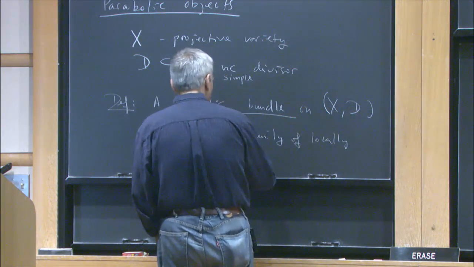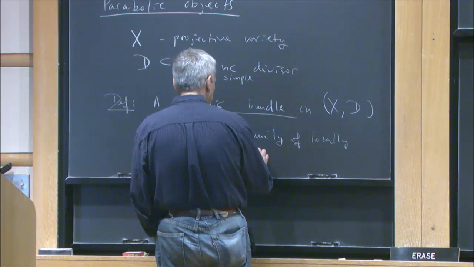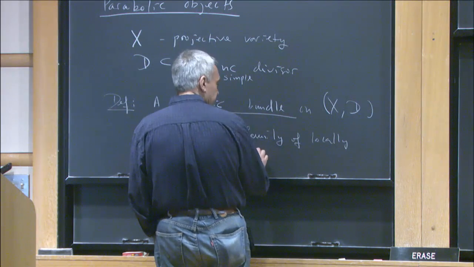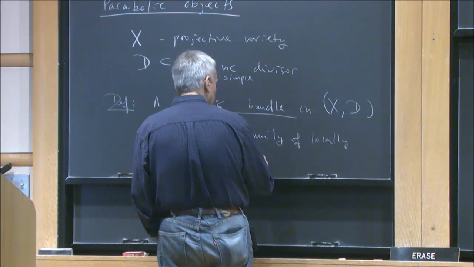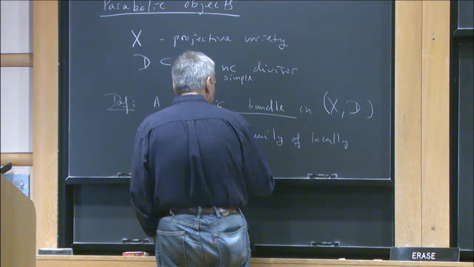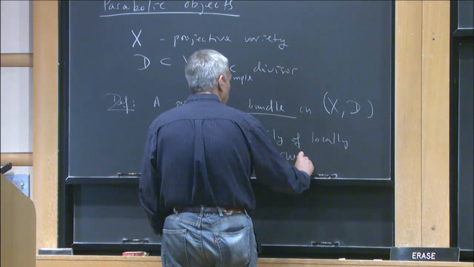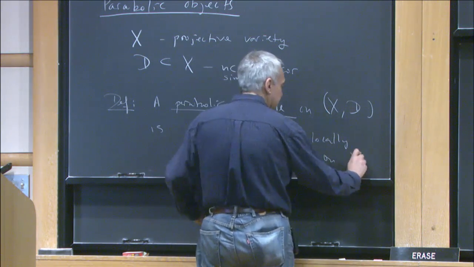And you can do it with general coherent sheaves, but it's trickier. So torsion frees are easy, but if they're general, it's trickier. So I'm not going to talk about that. Locally free sheaves on X.